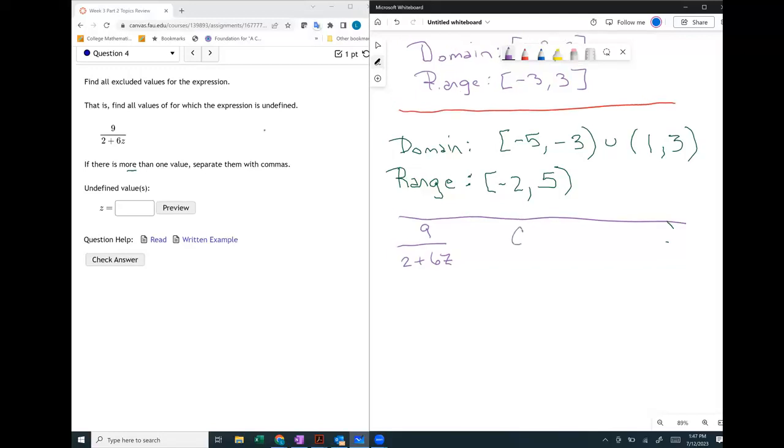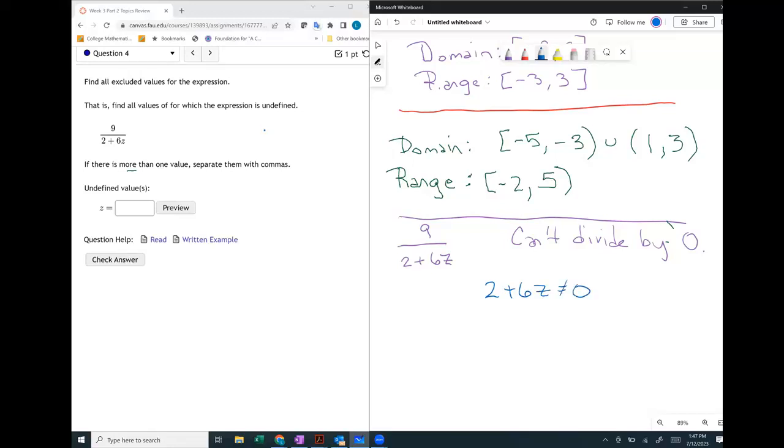Yeah. Okay. Since I can't divide by 0, I have to say, well, what number makes this 0? Because we cannot have it equal 0.